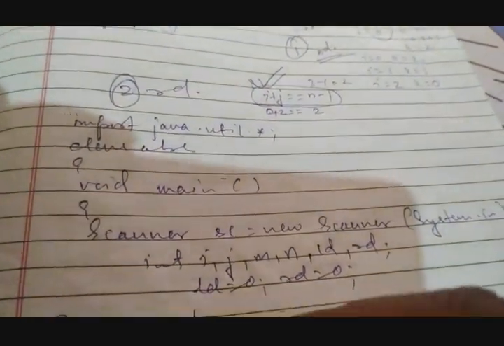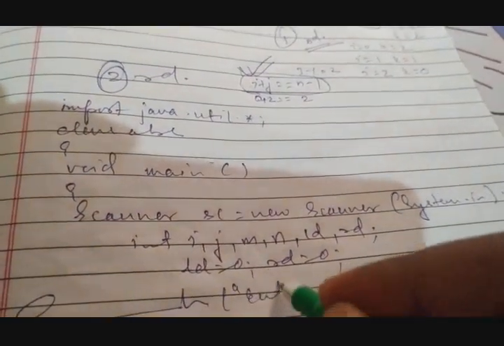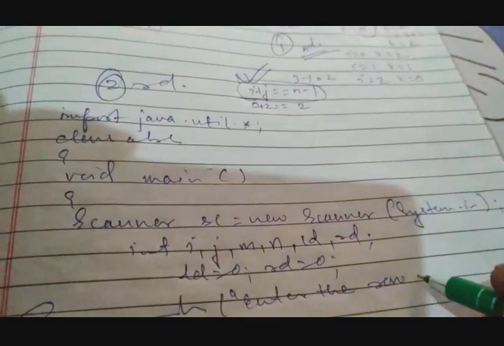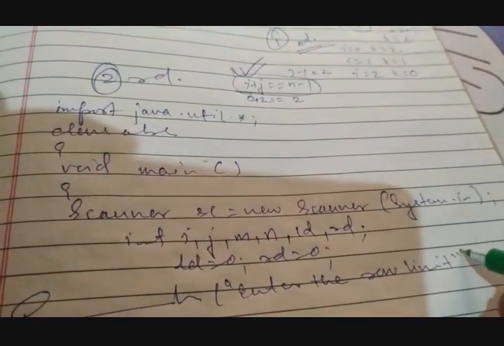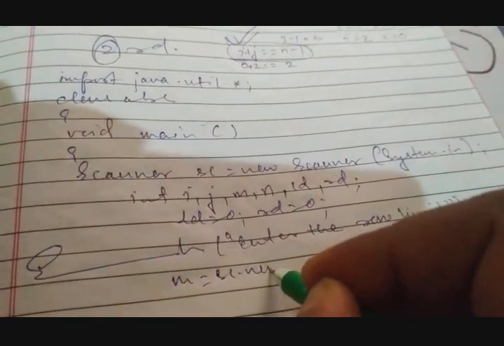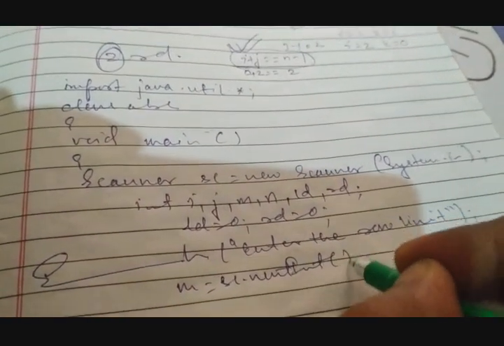Get the row limit, enter the row limit or size, whatever you can say. m equals sc.nextInt method.